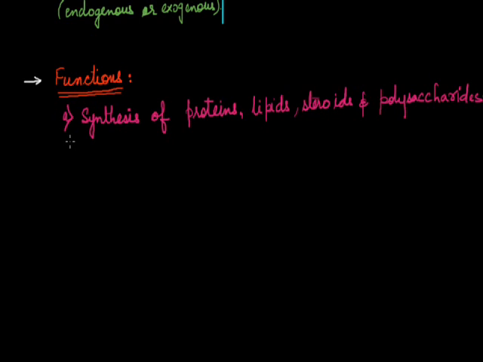The second main function, or one more important function of the endoplasmic reticulum, is the circulation of different molecules in different parts of the cytoplasm. Since endoplasmic reticulum forms a continuous channel running from the plasma membrane to the nuclear membrane, it helps in circulation of different types of molecules from one part of the cytoplasm to the other.